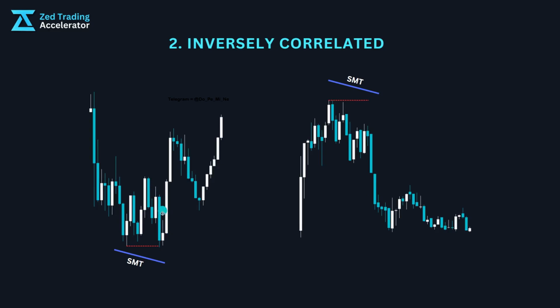Which means this move right here is only a manipulation. Because in here, it shows us exactly that the price is no longer willing to continue higher, meaning this is only a liquidity grab, right? This is a crack in correlation, that the price is most likely to reverse now.